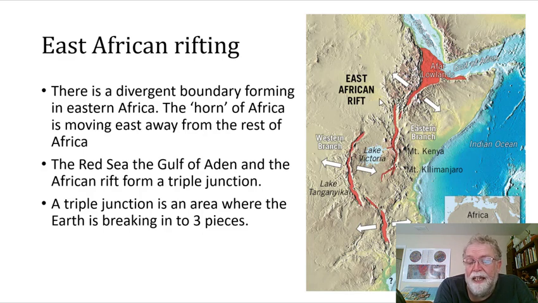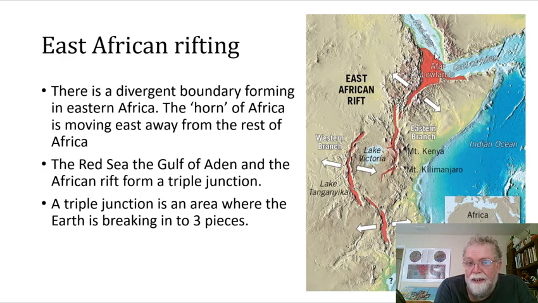Now, actually, it's a little bit more than that, because the Red Sea and the Gulf of Aden, these three things, the Rift Valley, the Red Sea, and the Gulf of Aden, are all forming what we call a triple junction. For reasons that are not entirely clear, whenever the crust of the Earth breaks apart, it tends to break apart in groups of three.